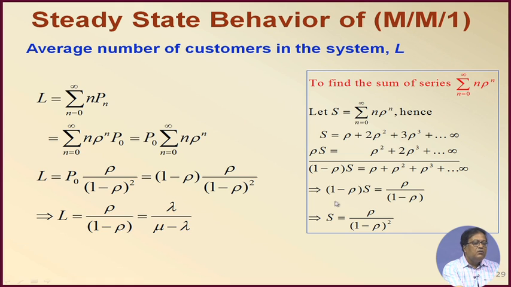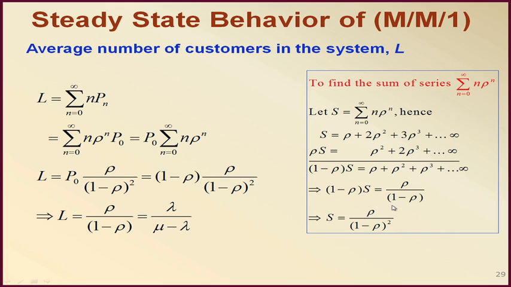In other words, 1 minus rho multiplied by S equal to rho by 1 minus rho, right. So, what is the sum? The sum S is rho by 1 minus rho square. So, it is a trick that is used to find S quickly, right. Now, S is known, that is that sum.